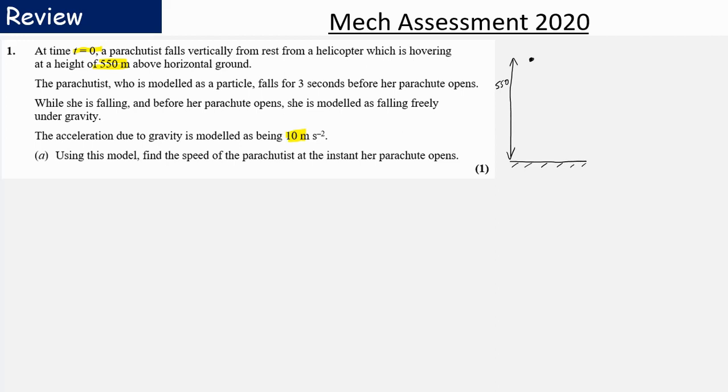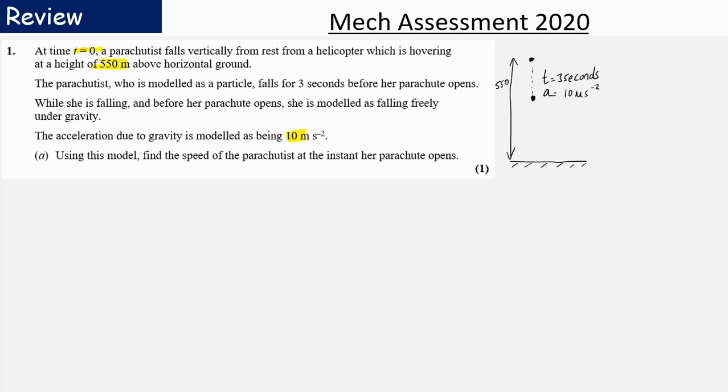They fall for 3 seconds, so I've been told that while they're falling, that's 3 seconds there, that the acceleration during this point, due to gravity, is 10 meters per second squared.